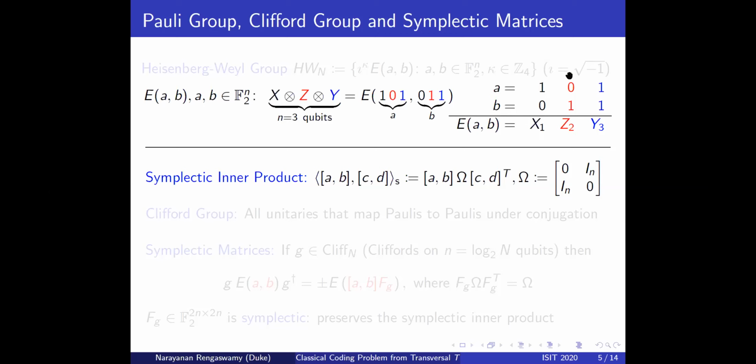And then second, this part is 0, so there is no X. But B is 1, so you are applying Z. And if both are 1, then you're applying Y, because Y is actually square root of minus 1 times X times Z. So that's the shorthand notation. So A you might call the X component, and B the Z component.